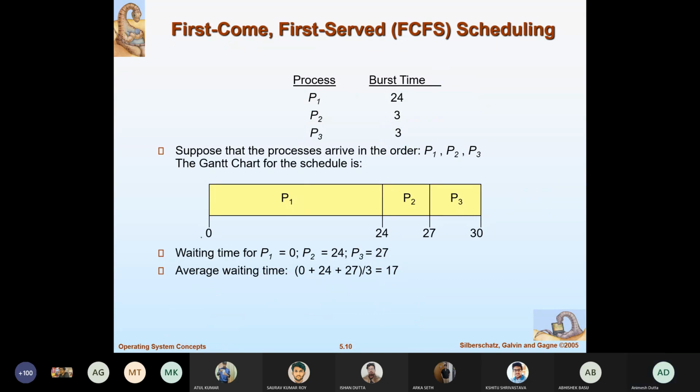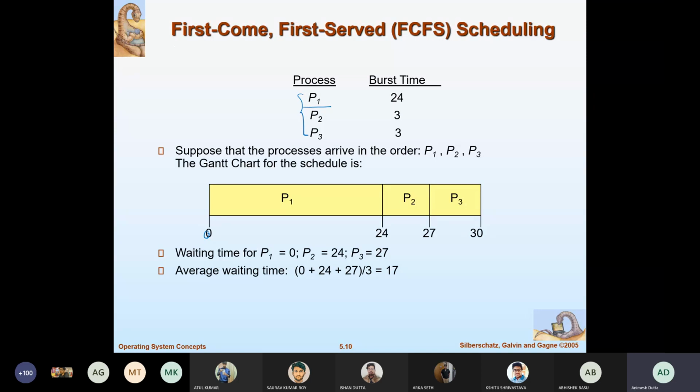Now, P0 comes here, so we assume that all the processes come in the system at the same time.